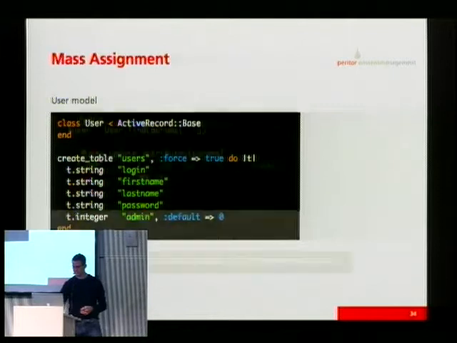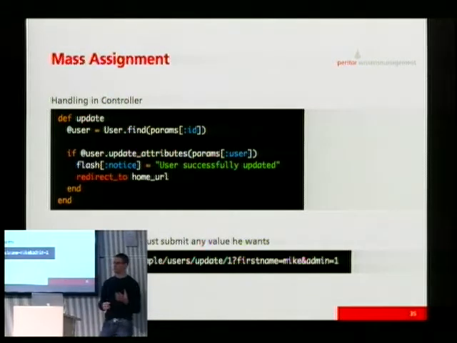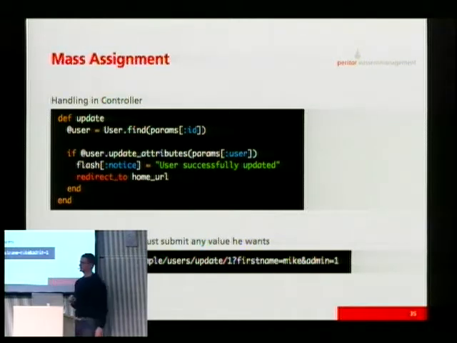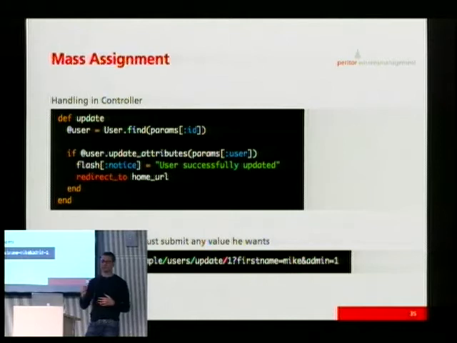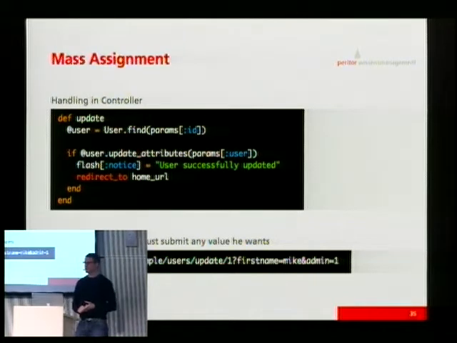If you're using the user object like this, as it's generated by default through Rails, if you're just taking all the parameters that the user has submitted to you and update the user and then save it, what an attacker could do is just submit an attribute admin equals 1. Because the update_attributes call will just take all attributes that are in this request, update the user, and save it to the database. So a user could just upgrade to admin by doing this kind of request.